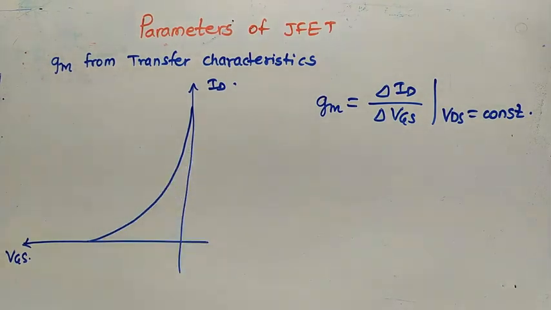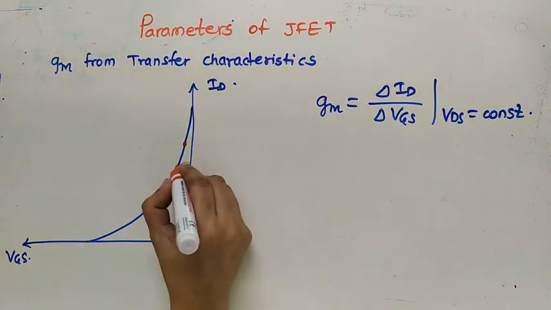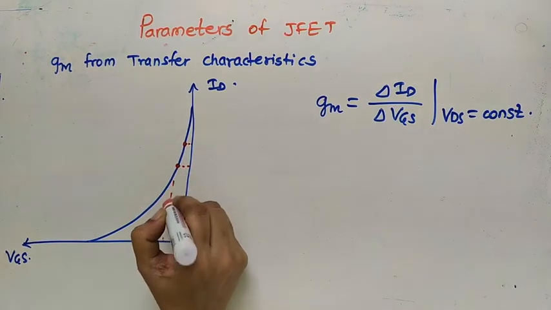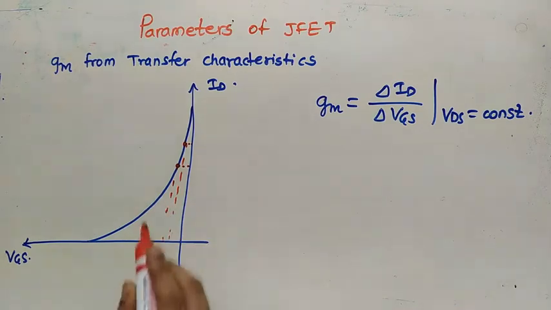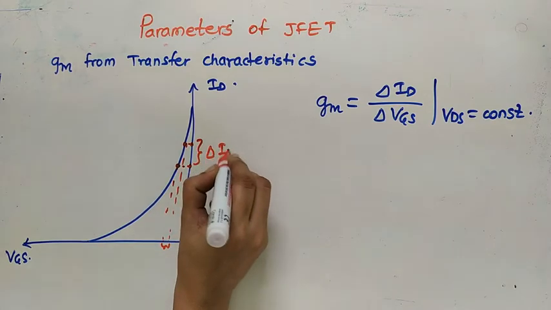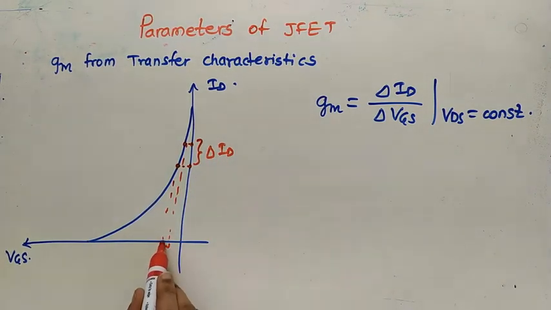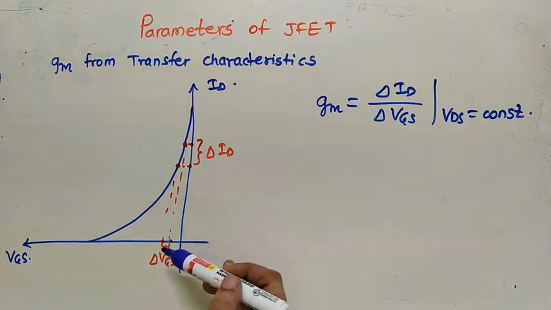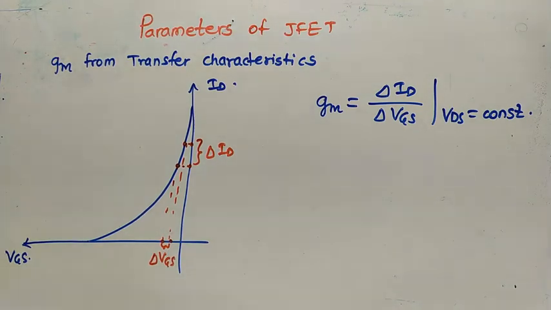We can select any 2 points on this characteristics, and when we project that horizontally and vertically, we'll get the 2 values for ID, and this is change in ID. Similarly, 2 values for VGS, and that is change in VGS voltage. So when we take the ratio of change in ID to change in VGS from this transfer characteristics, we can get the transconductance.